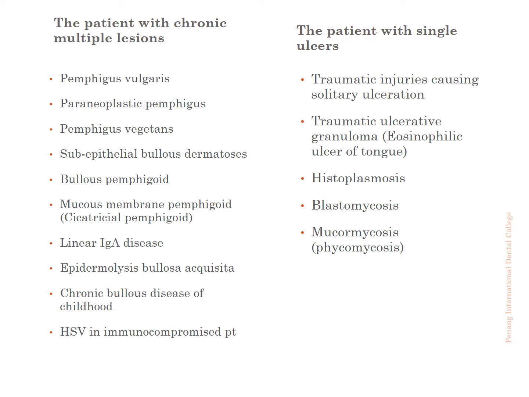Examples of patients with chronic multiple lesions would be pemphigus vulgaris, paraneoplastic pemphigus, pemphigus vegetans, subepithelial bullous dermatosis, bullous pemphigoid, mucous membrane pemphigoid, linear IgA disease, epidermolysis bullosa, chronic bullous disease of childhood, and herpes simplex virus infections in immunocompromised patients.